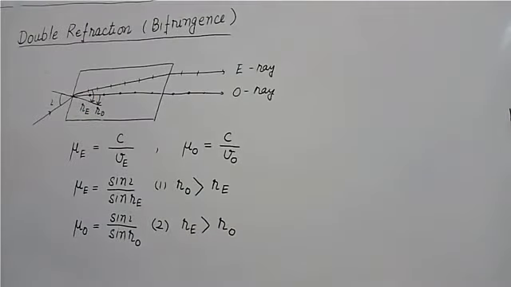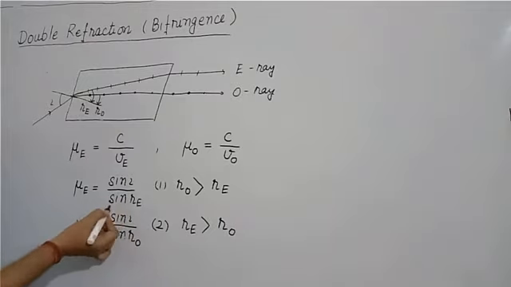If RO is greater than RE, then this number will be greater as compared to this number.